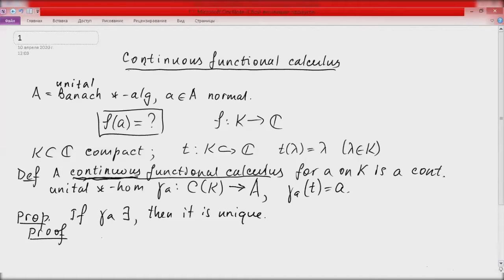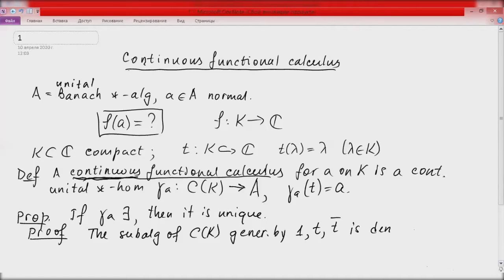We just observed that the subalgebra of C(K) generated by the function which is identically 1, the function t, and the function t bar, where the bar is the complex conjugation, is dense in C(K) by the Stone-Weierstrass theorem.